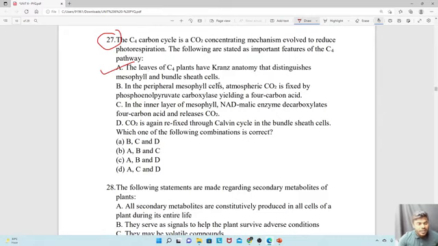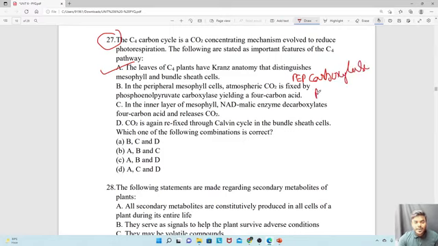Option B: first, who will fix the carbon? We all know, right, friends? In C4 plants, rubisco is present in the bundle sheath cell. So what will be the major enzyme in the mesophyll cells? PEP carboxylase.